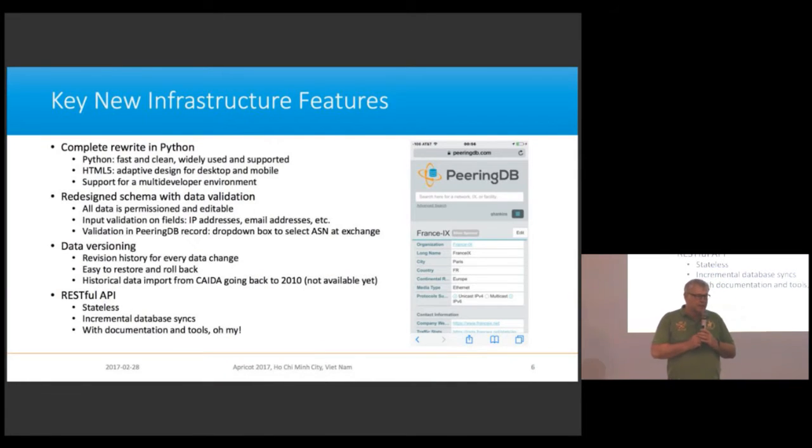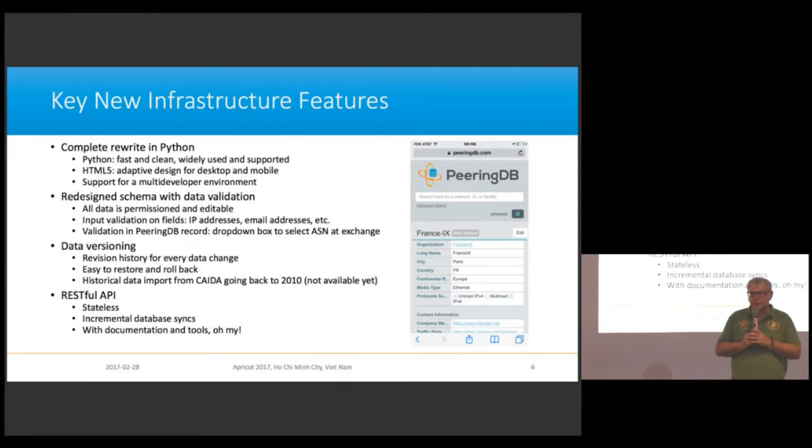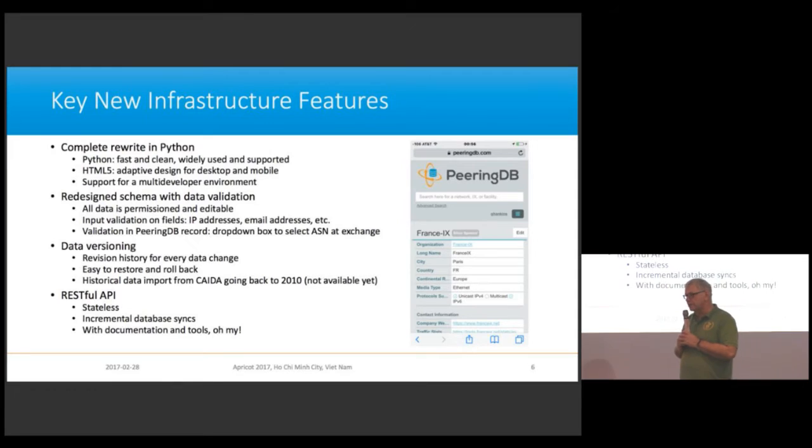These are the key new features which we have in PeeringDB. PeeringDB 2.0 was completely rewritten in Python from scratch. We have a new database schema. We now also have data versioning. That means we are able to roll back.